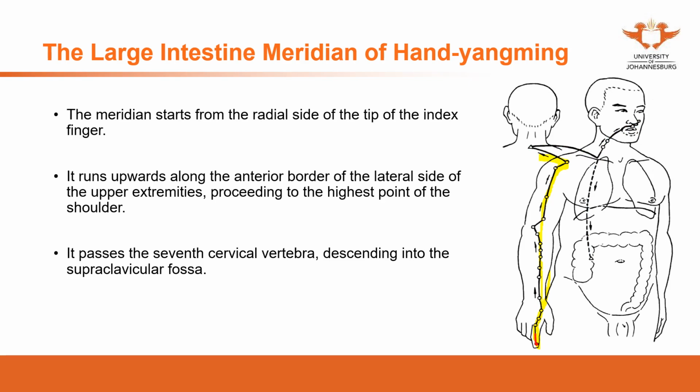It travels to the back and swings back to the front, right in front of the supraclavicular fossa, and then from the supraclavicular fossa it divides into two branches.